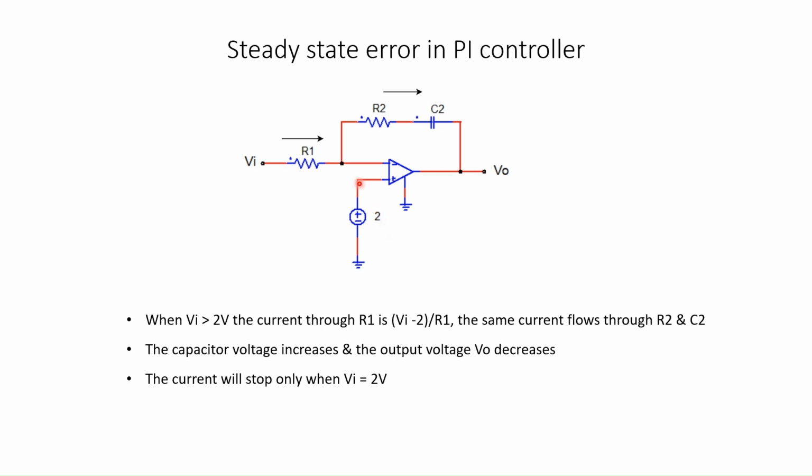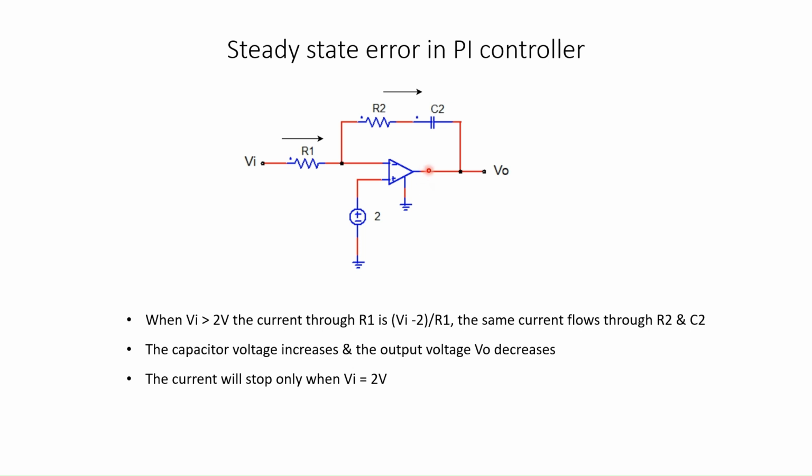We all know that the voltage at the negative terminal will be equal to positive terminal, that's 2 volts. If there is a difference here, because of the high open loop gain of the operational amplifier, the output voltage will not be in active region. It will be in saturation, either positive power supply maximum or negative power supply maximum.